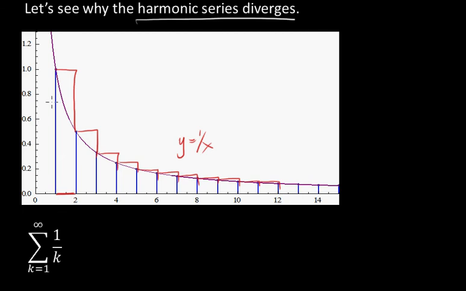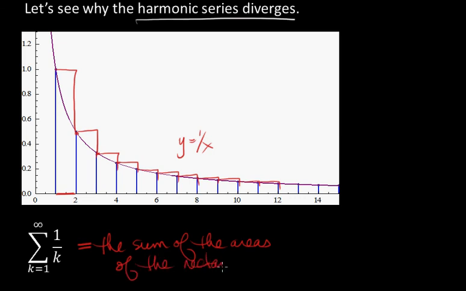The width of every rectangle is 1, and the height is 1 over 1, the second one 1/2, the third one is height 1/3, and so on. So this here is just the sum of the areas of the rectangles. Well, the area under the curve from 1 to infinity is smaller than that.